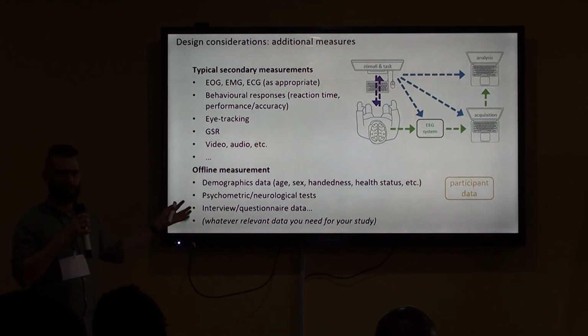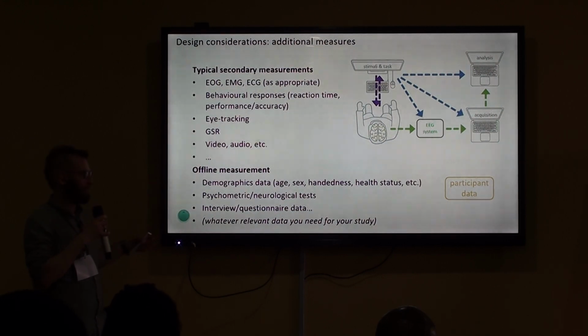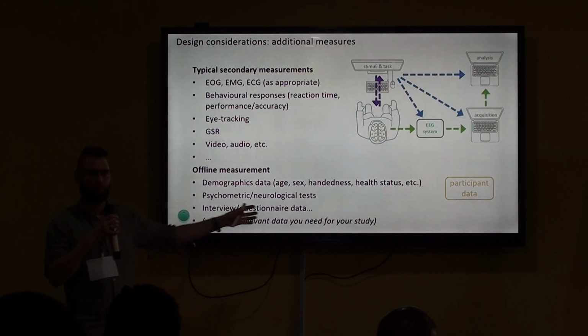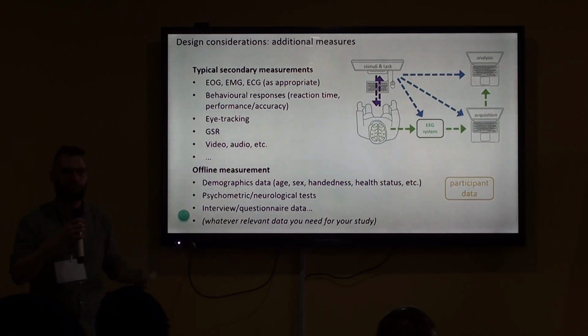In the same way we could have some interview data, or questionnaire data on various things we would be interested in, if that was relevant for our task. So the rule for what you should include of these offline measures is basically whatever is relevant for you to answer your research question.